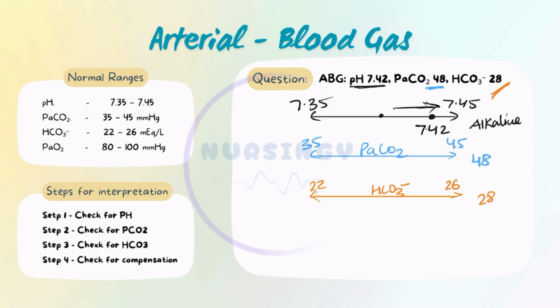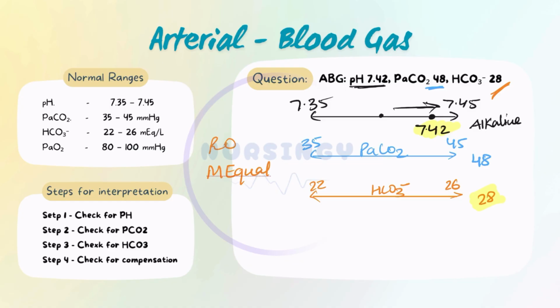What we have learned with ROME: respiratory opposite, metabolic equal. Now because 7.42 is falling on the same side as 28, this is metabolic alkalosis.